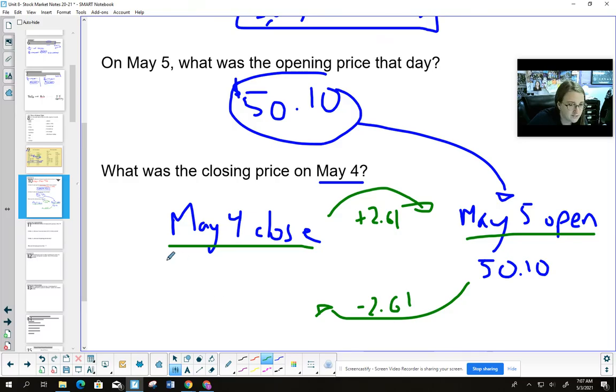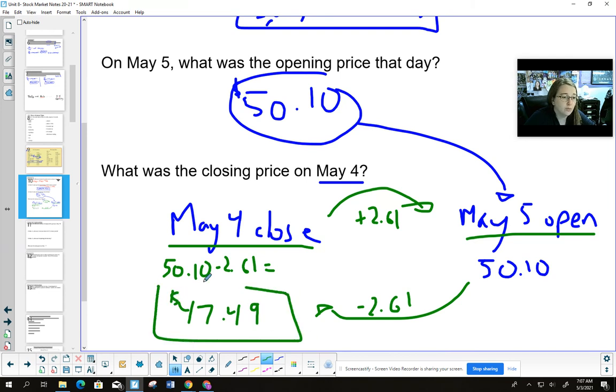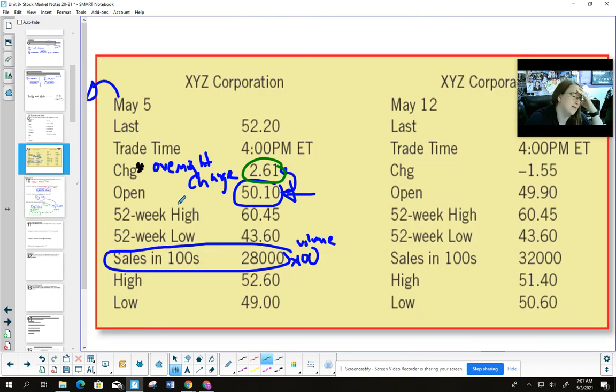So if I subtract 50.10 minus 2.61, I'm going in reverse. Let's do this math here. 50.10 minus 2.61, whoops, we should get 47.49.